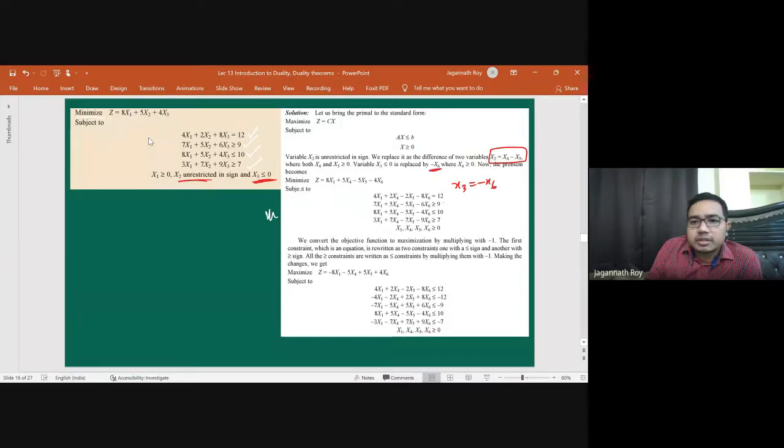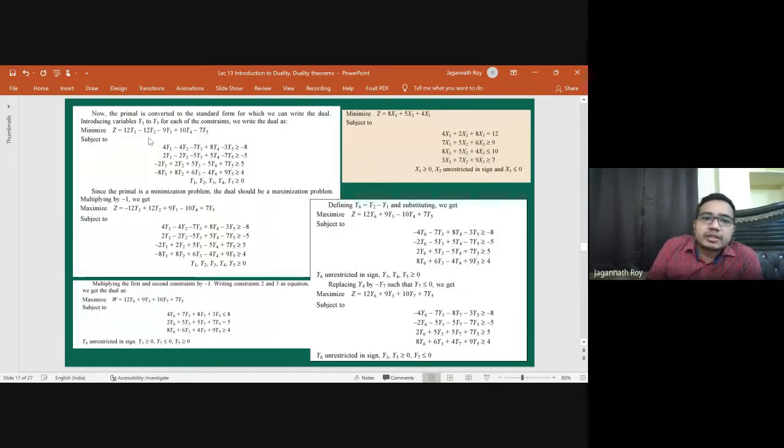Since x3 is less than type, we'll put x3 equals minus x6, so x6 will become greater than type. Everything is satisfied now. We'll substitute everything there and simplify.